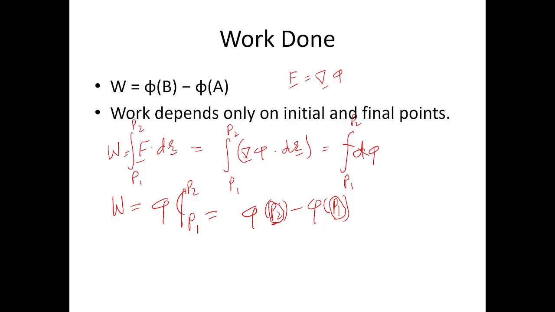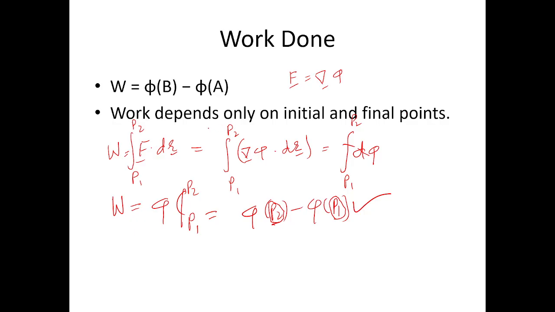You can follow any path because the path does not matter. We can find the work only knowing point 1 and point 2. So that is the work done. Work depends only on the initial and final points.